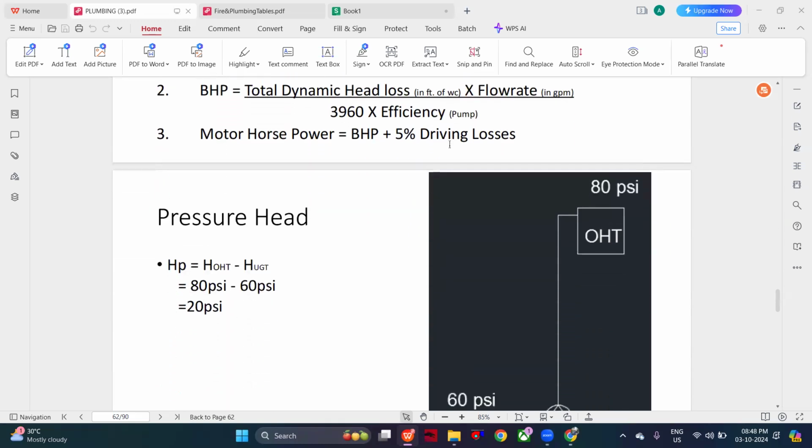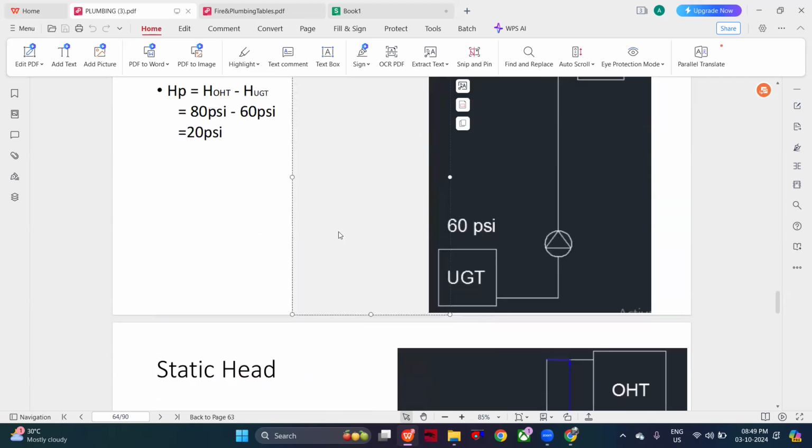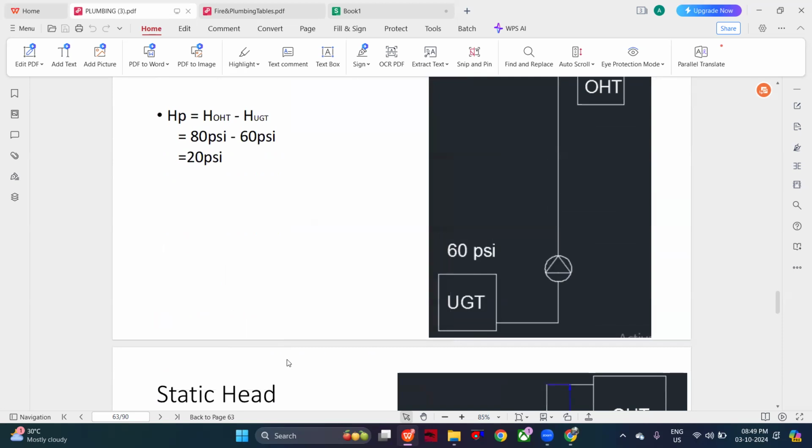Now, first one, pressure head. What do you mean by pressure head? These are the concepts you have to find out, not the answers actually. How many sides does a pump have? Two.